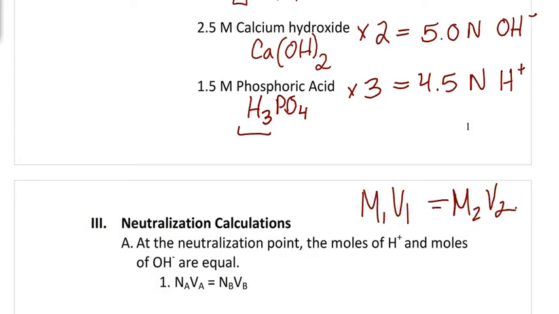This worked for dilutions because you had equal moles at the beginning, 1, and at the end, 2. Now we can replace this with normality of the acid, because we need to have equal moles of acid and equal moles of base at our neutralization point. So that's our new equation.